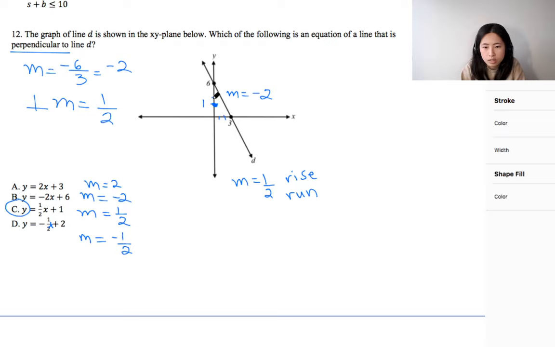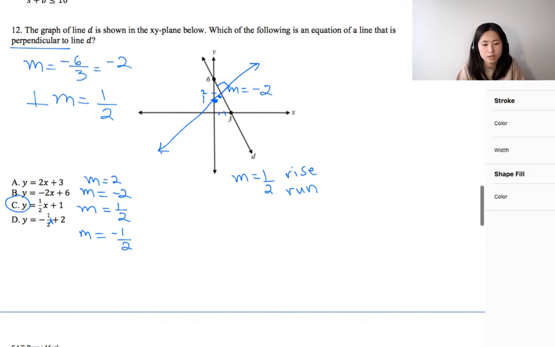Rise by 1, this is now 2, run is 1, 2, and then you have it right here. As you can see, your line would look like this. So it is perpendicular. And why is it perpendicular? Because it forms a right angle when it intersects line D.